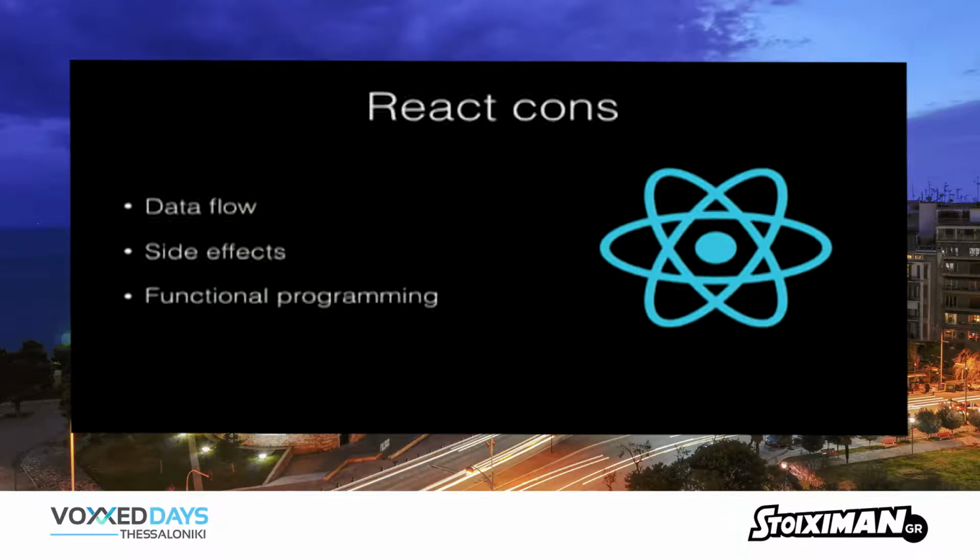And the third thing is functional programming. React is not made with functional programming in mind. There are a lot of bindings. You probably had many binding issues that you needed to fix. There are classes and so on. So those are the React cons when it comes to reactive programming, which is pure data flow and the functional programming paradigm.